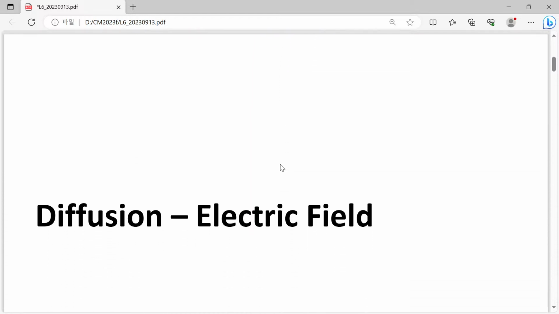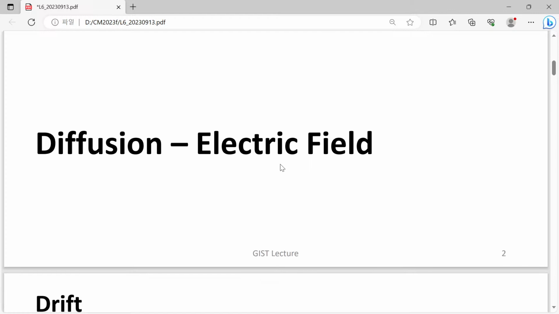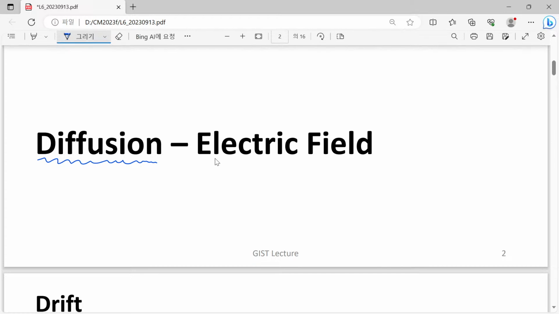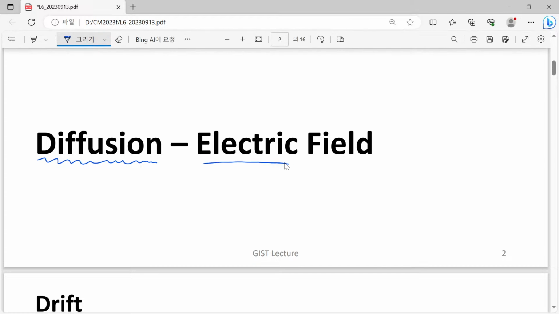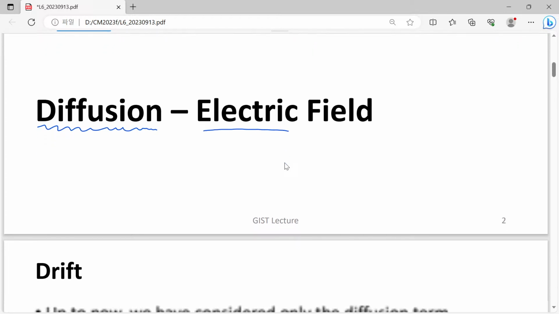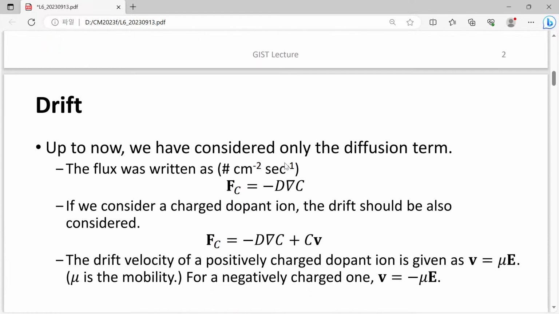So the first thing is, when we consider diffusion, at first we neglect the electric field. However, in principle, since our dopant atoms are ionized, they are affected by the electric field. So we must consider an additional term.